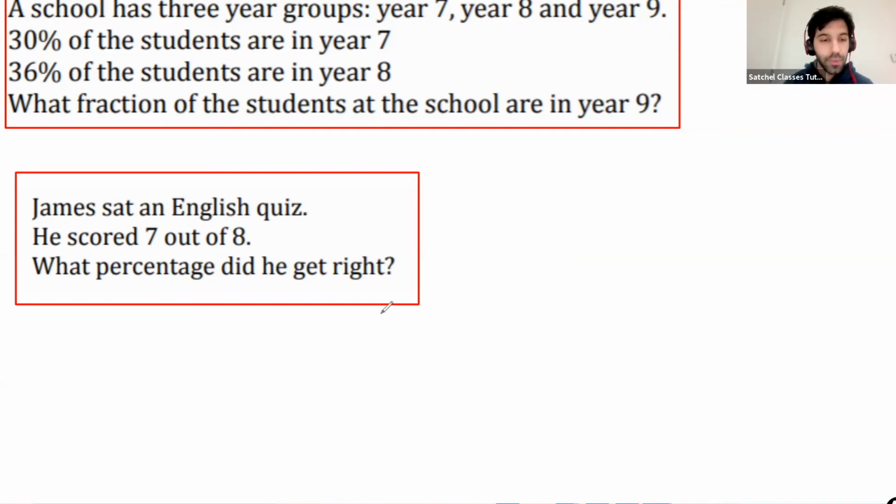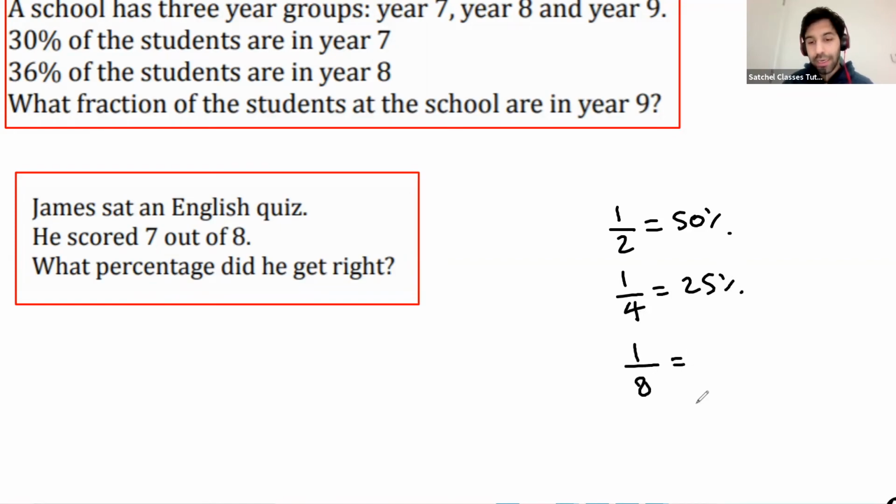So what I would do with this problem is, well, I know that 1/2 is equal to 50%. So 1/4 is going to be equal to 25%. 1/8 is going to be equal to 12.5%.